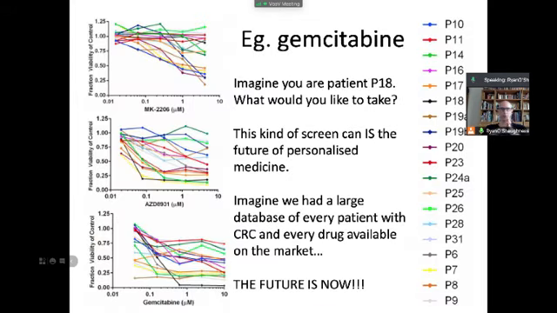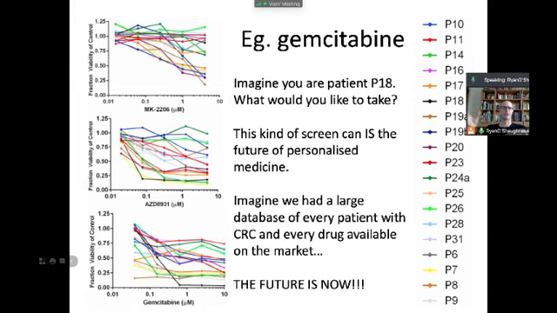So for example, let's look at gemcitabine. So that's the bottom one here. Now, if you were patient 18, what drug would you like to take? So let's look at the black line in each of these. So I can't see any fraction of viability reduction here with MK2206.